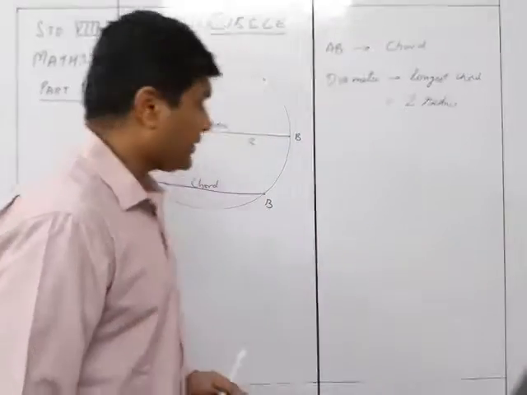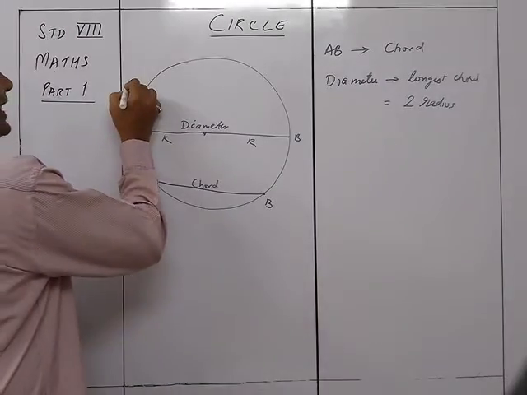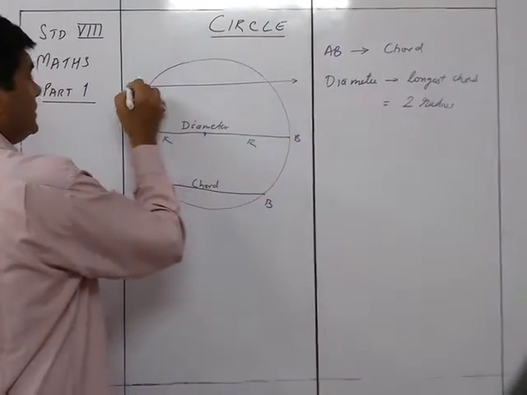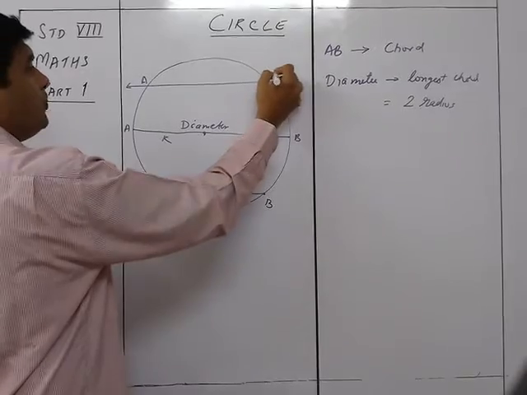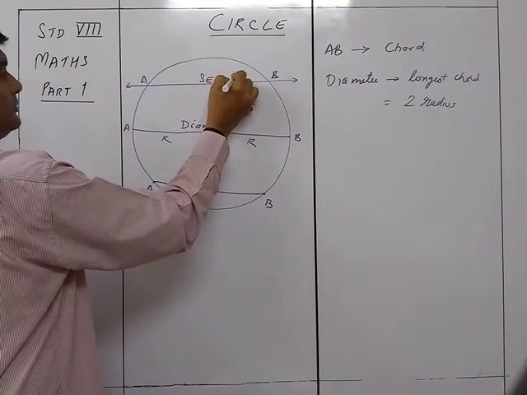Now if instead of this particular chord, there is a line which is passing through the circle or cutting the circle at 2 points, then this line is called a secant.